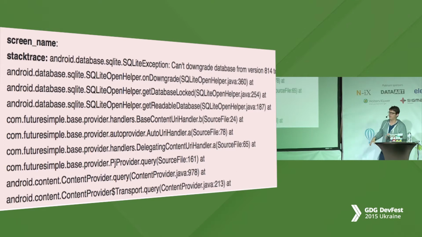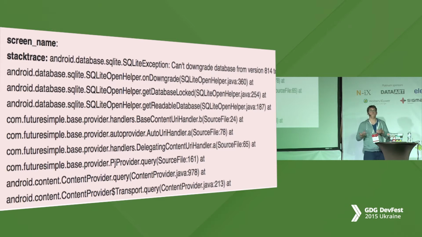This slide is cut, but basically, if you are familiar with the SQLiteOpenHelper class, you know that it shouldn't be possible that for some reason the application receives a newer version of the database schema than is actually supported by the application.